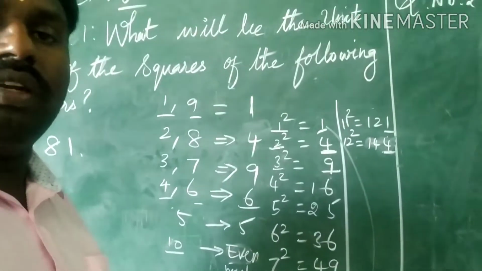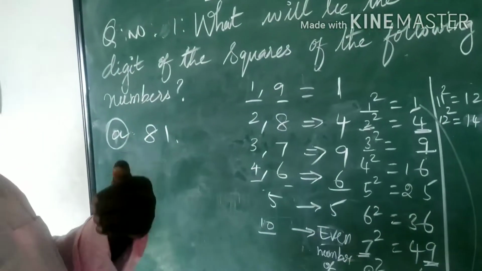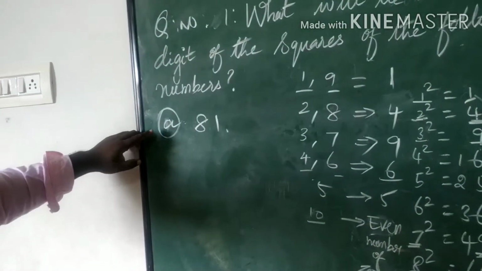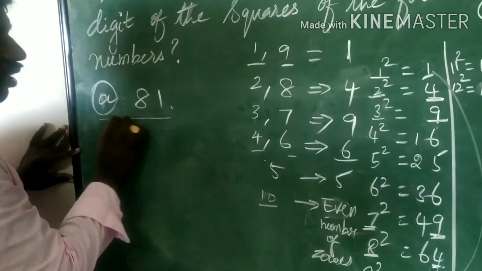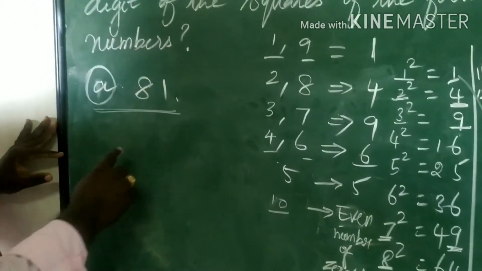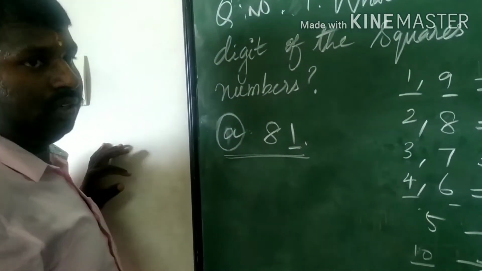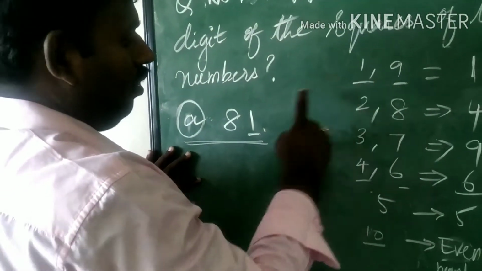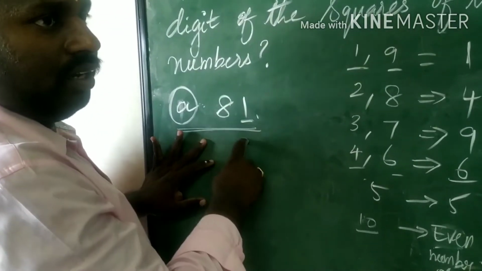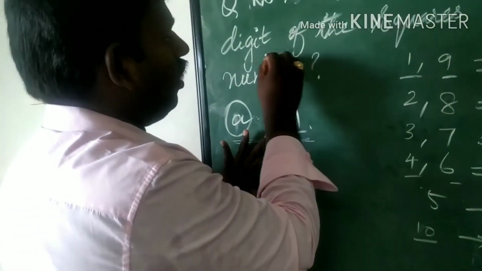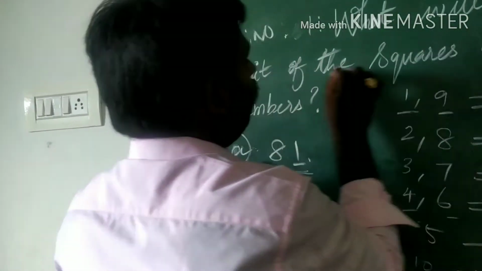Is it clear? From that, go with the first subdivision. The first question of Exercise 6.1 is 81. It ends with 1. From this we know that if you square 81, the unit place value will be 1, since they ask only for the unit digit of the square of the following numbers.